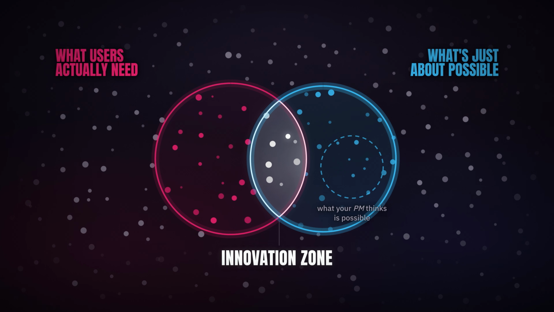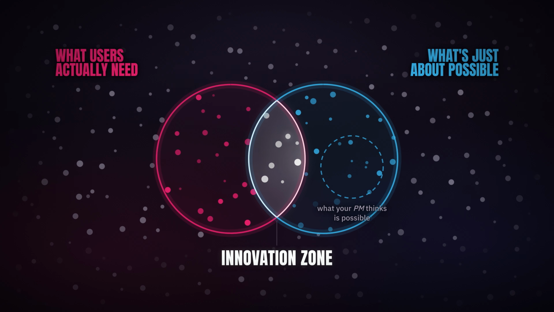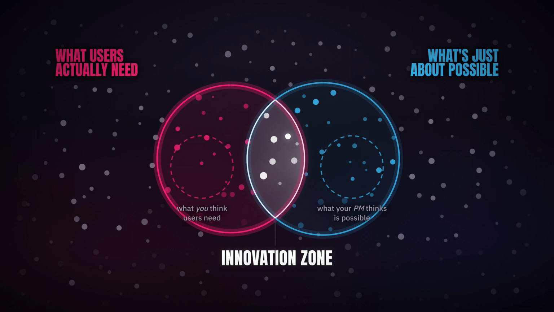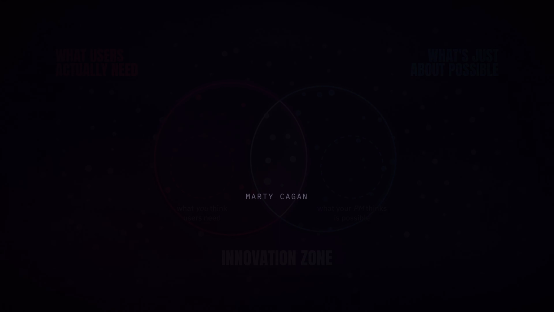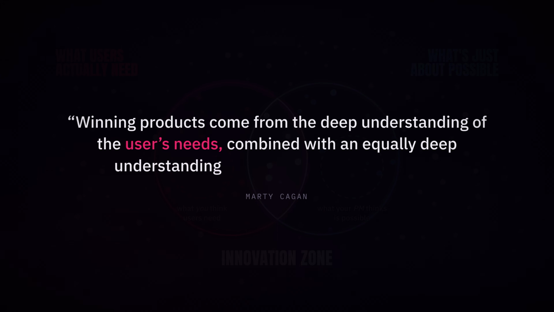Now, here's the problem. Your PM is an expert in what the users need, but she understands a tiny part of what the technology is capable of. You, on the other hand, know what is possible, but have no idea what users need. As Marty Kagan puts it, winning products come from the deep understanding of the user's needs combined with an equally deep understanding of what is just now possible.